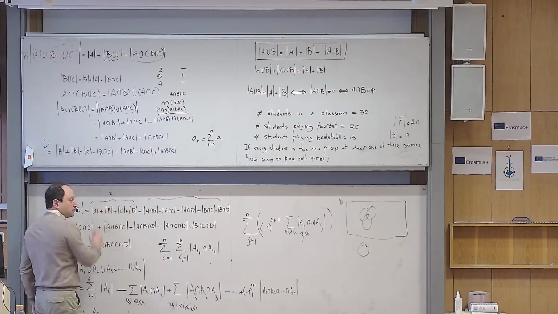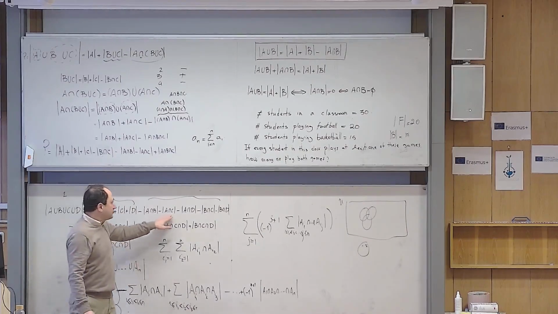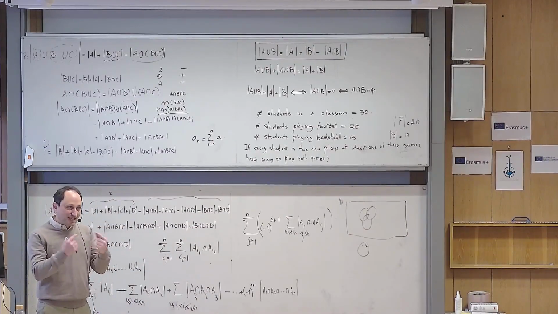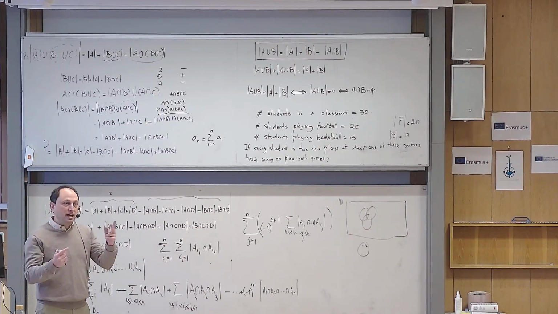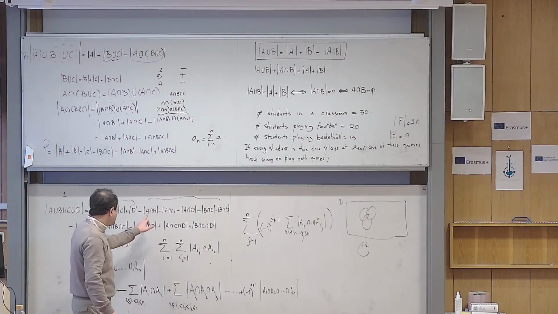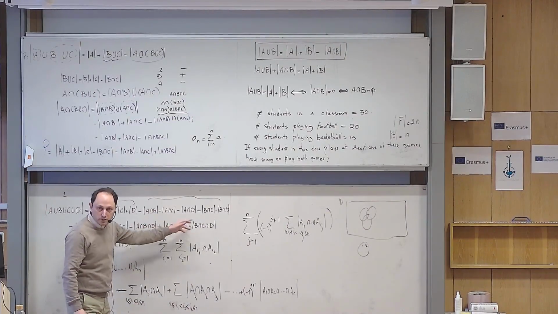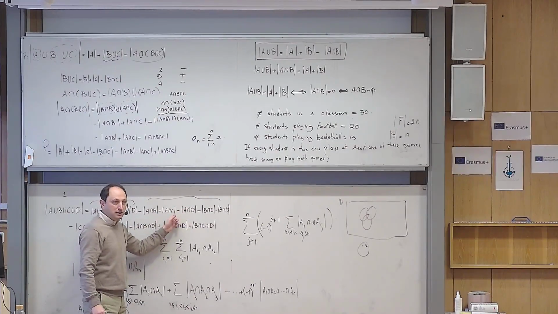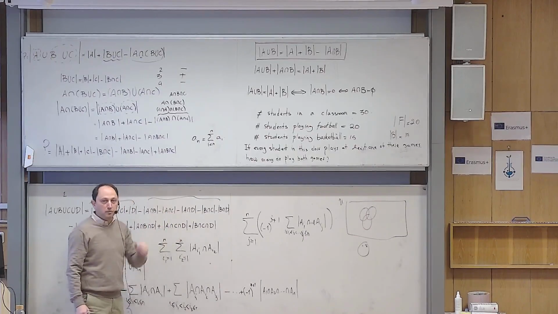Okay, so it becomes 2. But in how many of them does it appear in the triple ones? None, because I said exactly 2. Let us say that pair is set A and set B, for example. Then this one becomes 1, the other ones become 0. Or if that pair is A and C, this one becomes 1, the other one becomes 0.